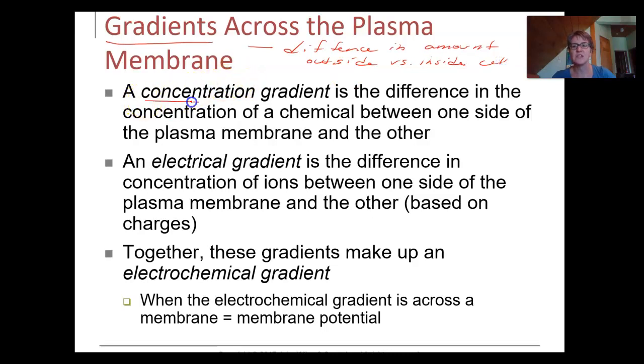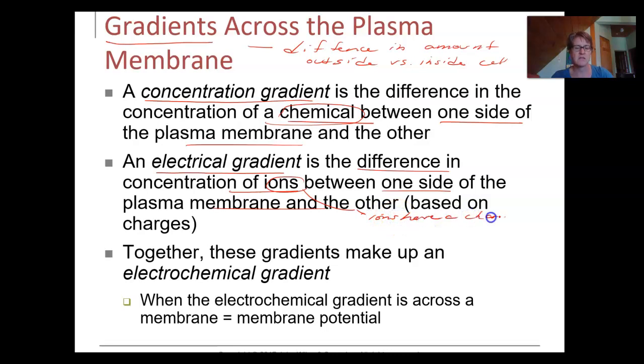I can do a concentration gradient by taking a chemical and having it be more quantity on one side of the plasma membrane. Okay, so a concentration gradient is a chemical. I can do an electrical gradient, and that means that I have a difference in the concentration of an ion on one side or the other because ions have a charge.